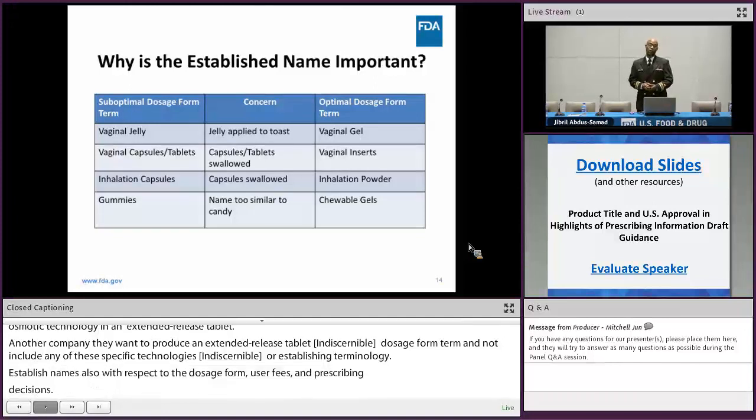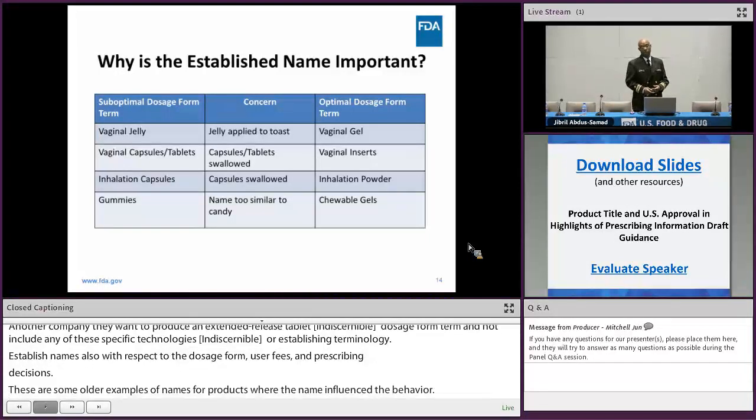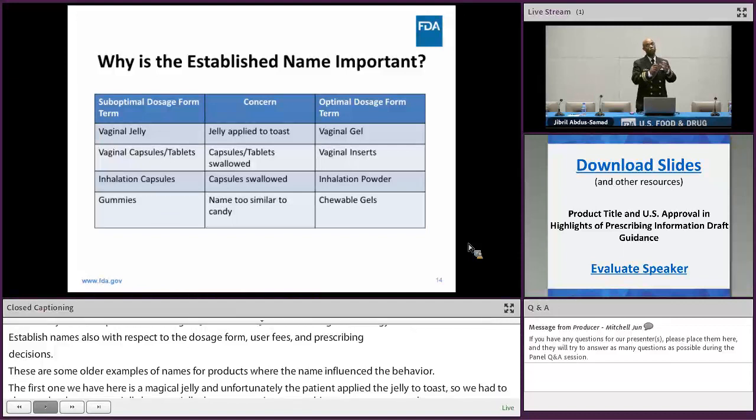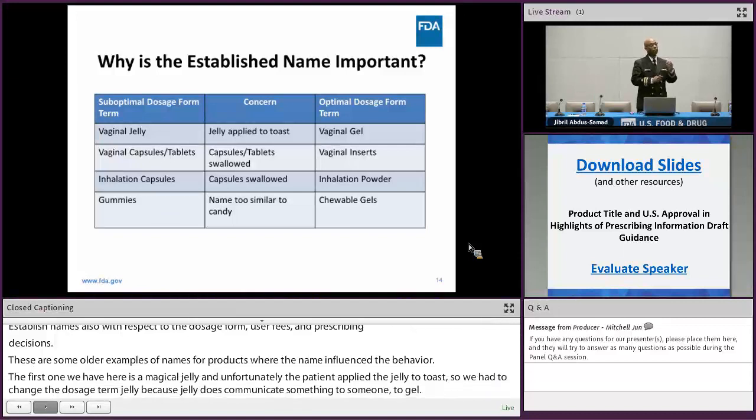The first one we have here is a vaginal jelly, and unfortunately, a patient applied the jelly to toast, so we had to change the dosage form term from jelly, because jelly does communicate something to someone, to gel. And then vaginal capsules or vaginal tablets: although the physical form of the product may look or appear as a tablet, it was not intended to be swallowed.